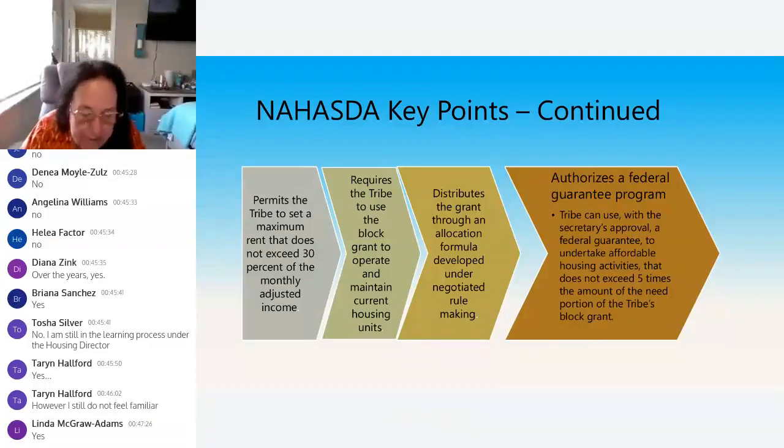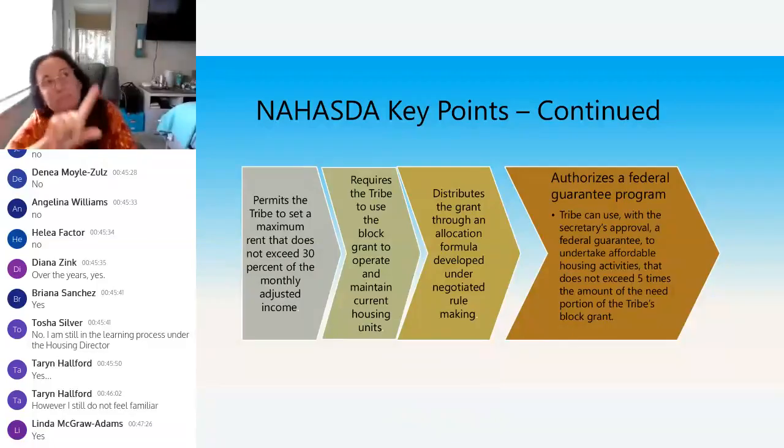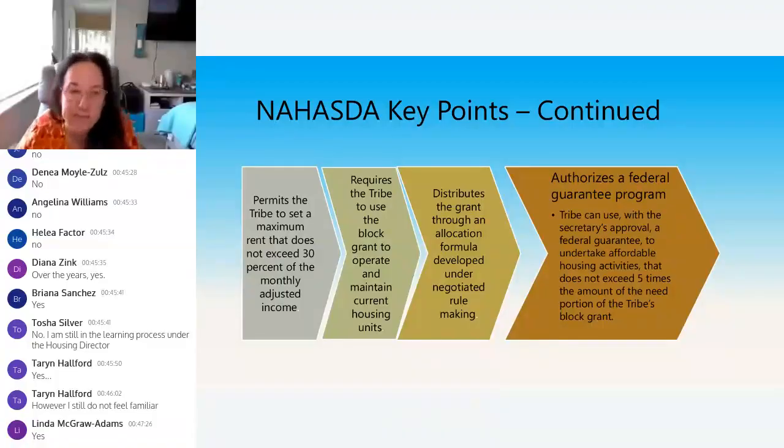Congress gives us this money for the purpose of housing low-income Native Americans. Okay. You can get in trouble if they're not low income unless they meet certain conditions. They're an essential family, they're under law enforcement, or they're under another provision that I'll teach you about in the upcoming days.